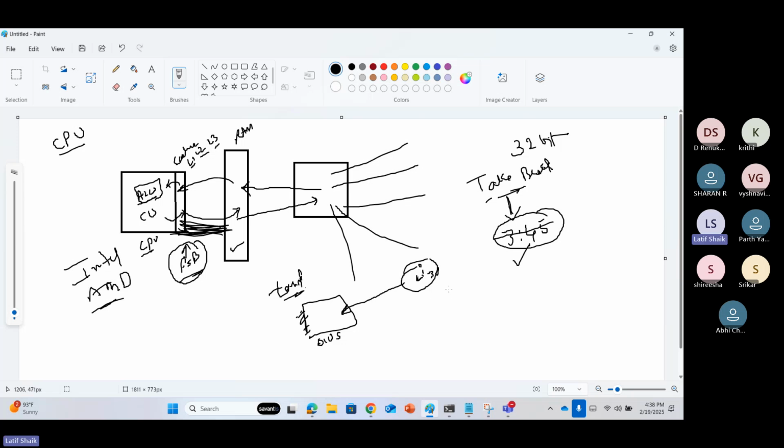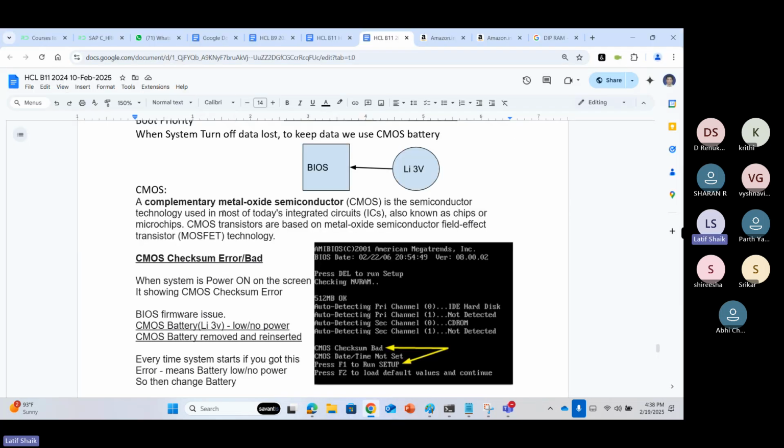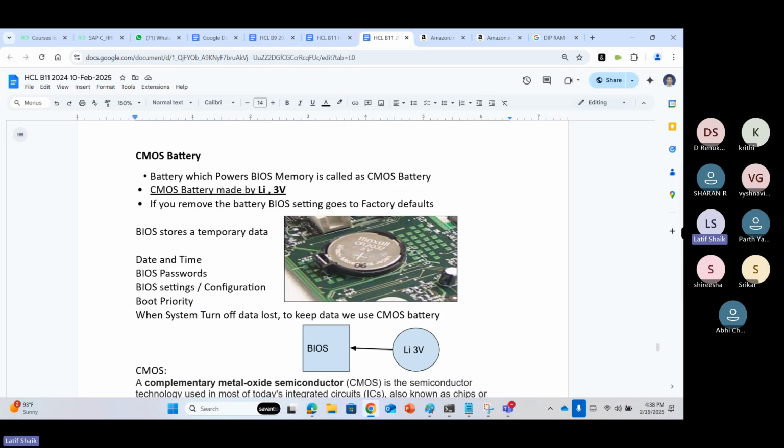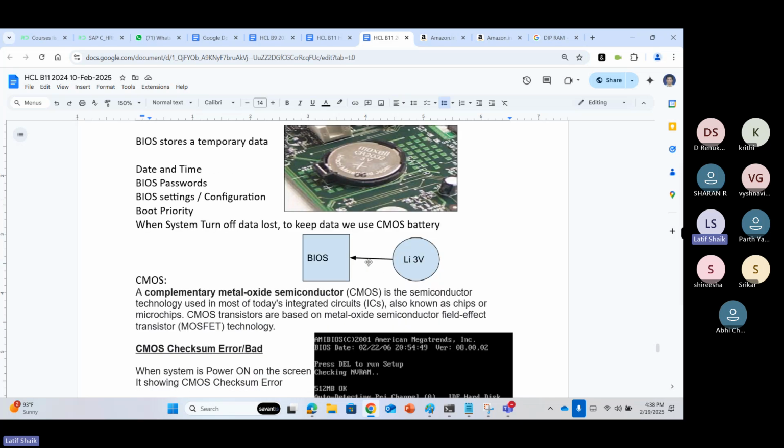I'm also having this setup. See this? A lithium 3 volts battery is used to provide a continuous power supply to your BIOS chip.